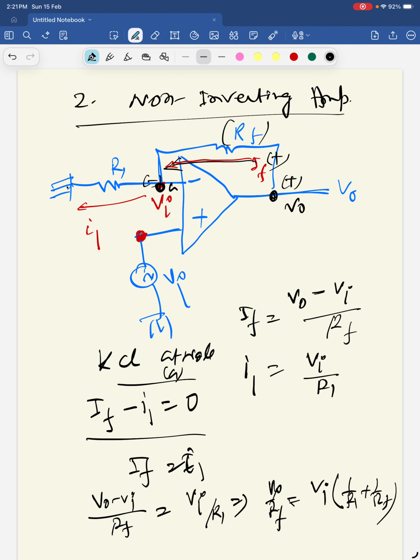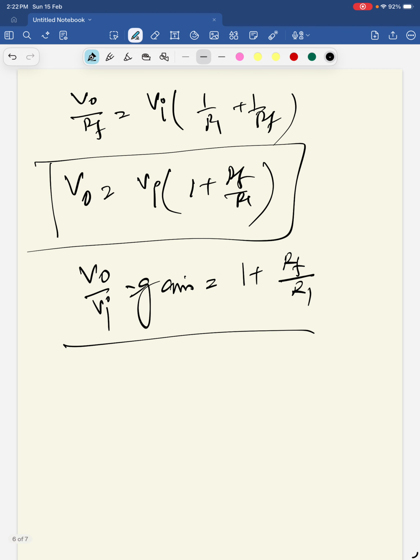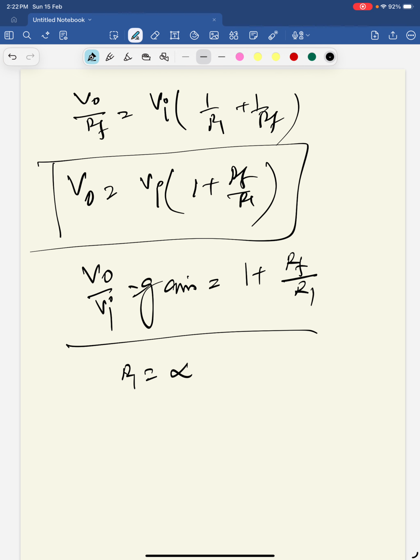We made R1 infinity and RF short, so RF is equal to 0.